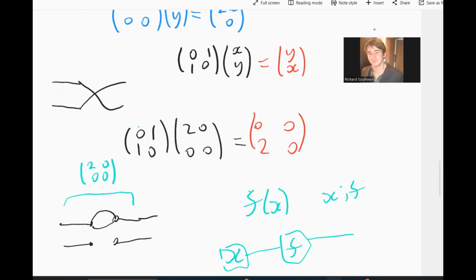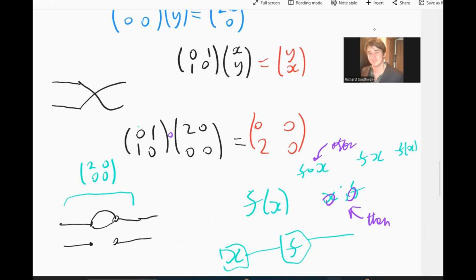Whereas this notation, which is also written like this, has this symbol here, which means after. And so that's what we have here. We can also have this, which means then.